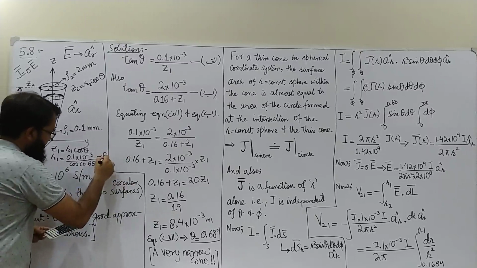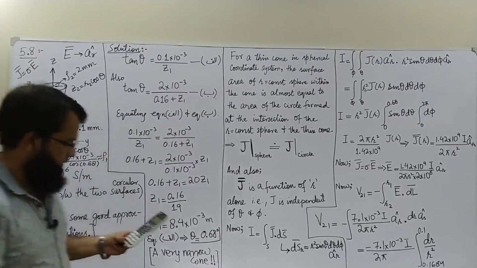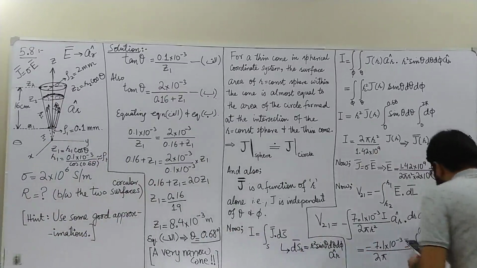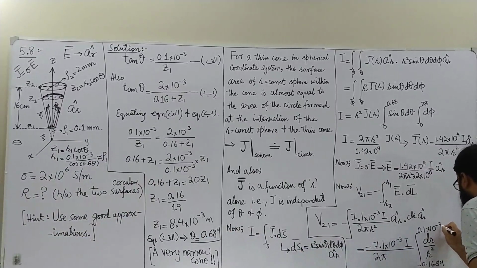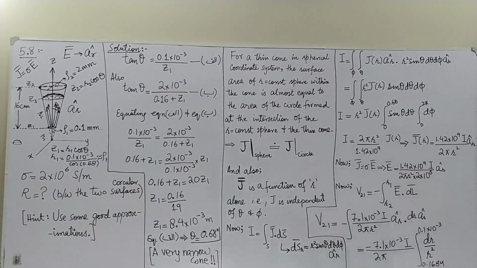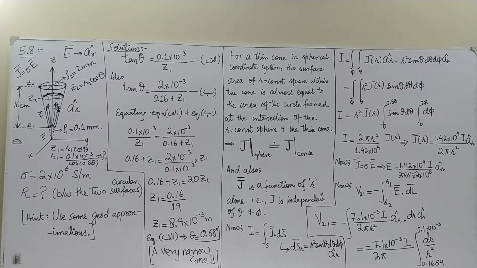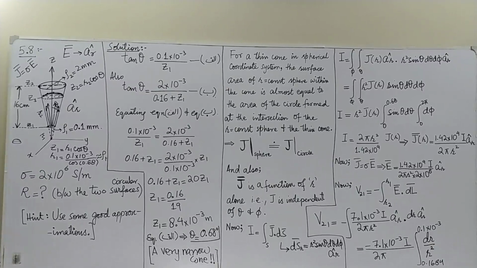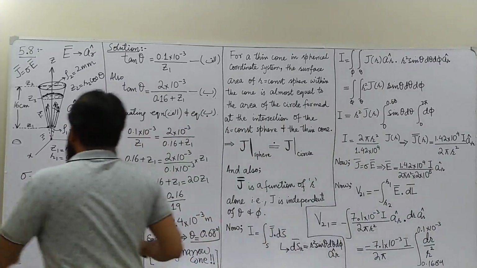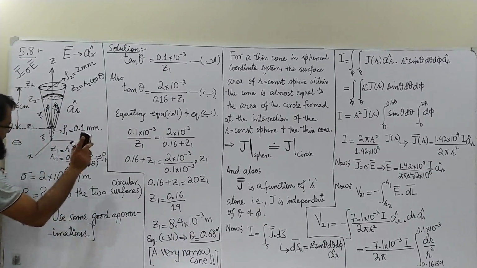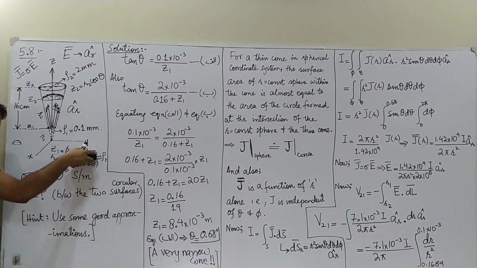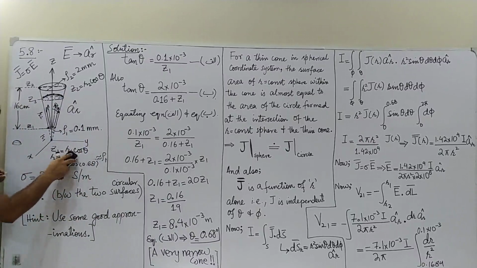So I think this is what I did wrong. So 0.1 exponent minus 3. This is what we have to do, and when we evaluate this integral, we should get the answer. Alright, sorry, my mistake. I did something terribly wrong here. Z1 is not 0.1, sorry, 0.1 is rho 1, so I put the wrong value here.